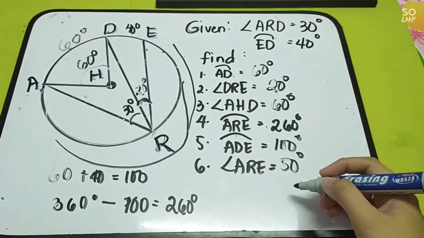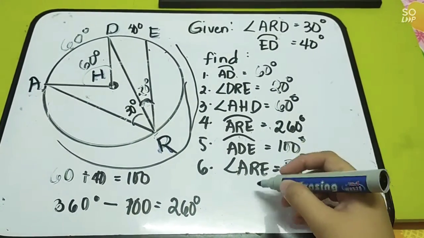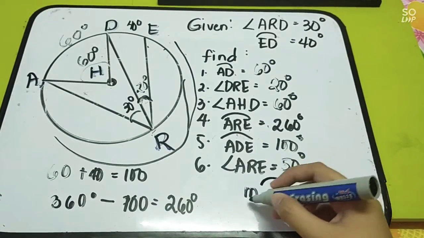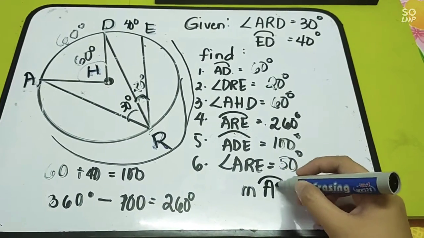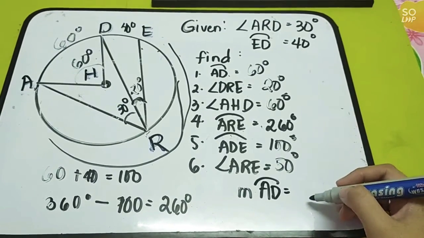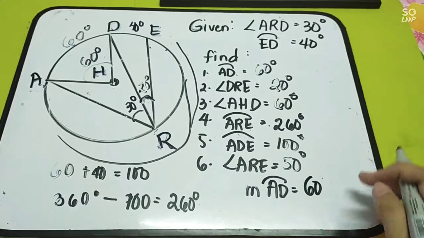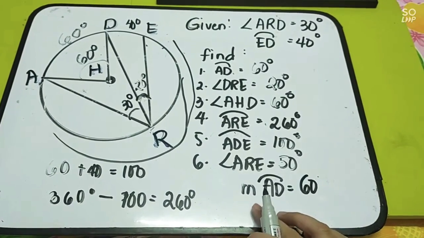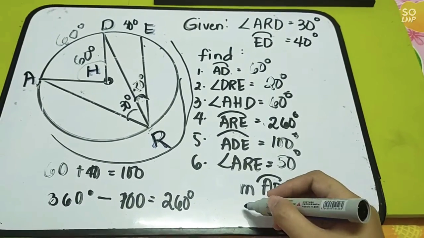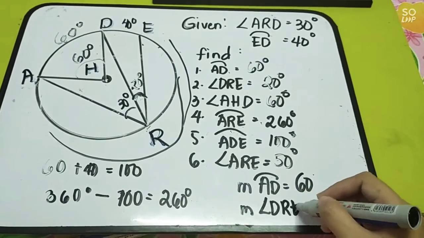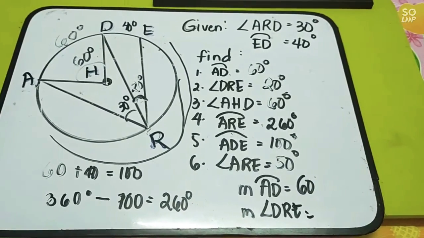Some reminders. If your given has a measure, or the letter M, for example, measure of arc AD, your answer should be 60 only without any degrees, because we are looking for the measure. Another example, measure of angle DRE.